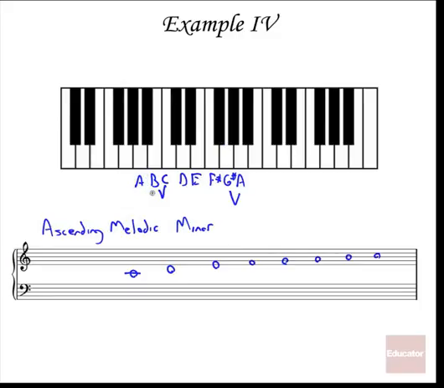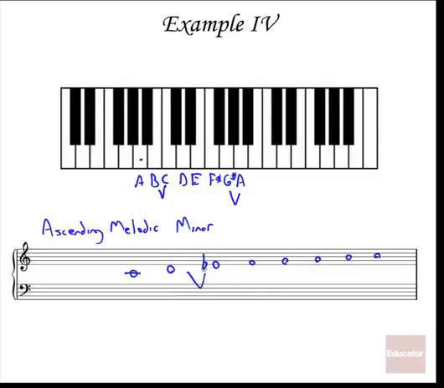So let's make sure we have this same pattern for the C scale that we've written here. So we've got a whole step between A and B, and C and D is a whole step, so that's fine. And then we have a half step between B and C, we need to make one between D and E. So this becomes an E flat.